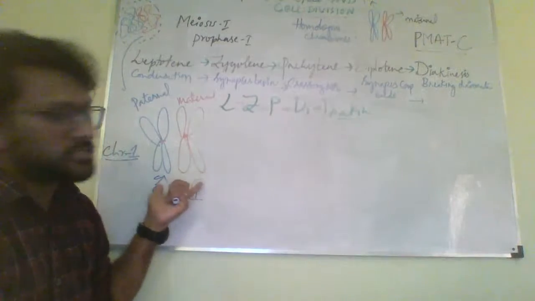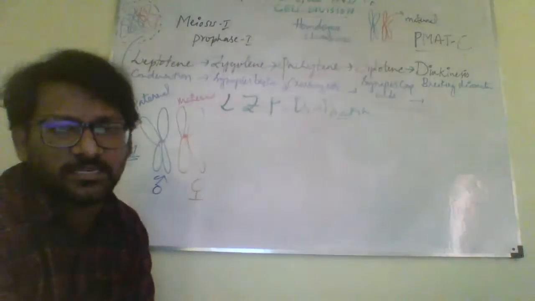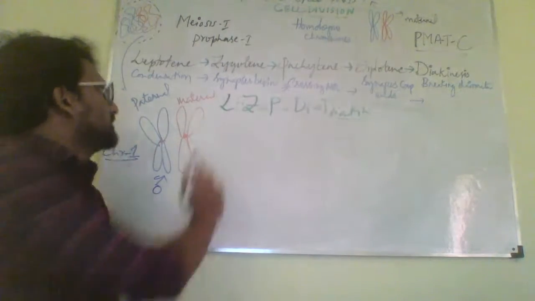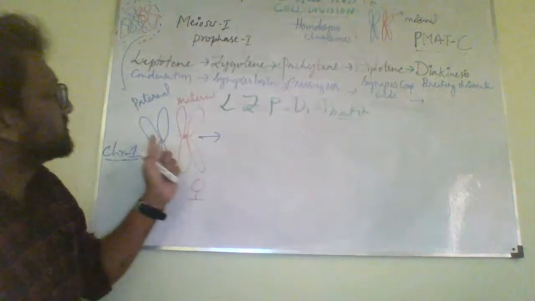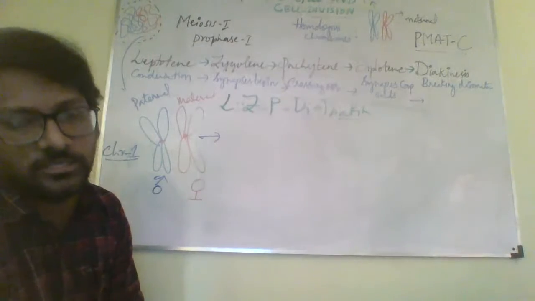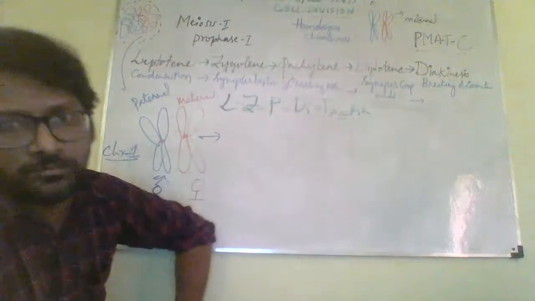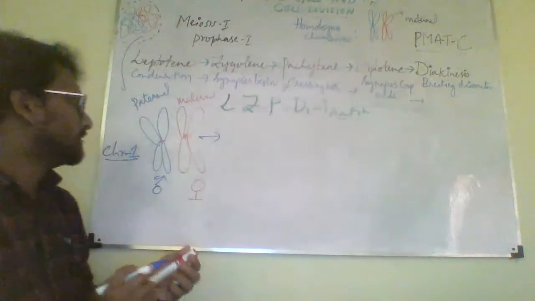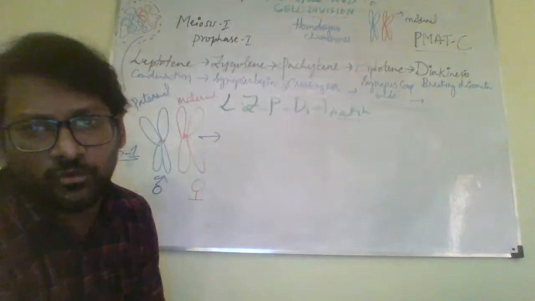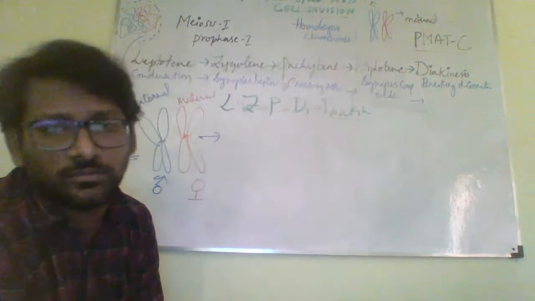The nuclear envelope dissolves, and these are the different events that occur during leptotene. Further, it enters the next phase, that is zygotene. During zygotene, synapsis would form, or you can say the synaptonemal complex would be developing.